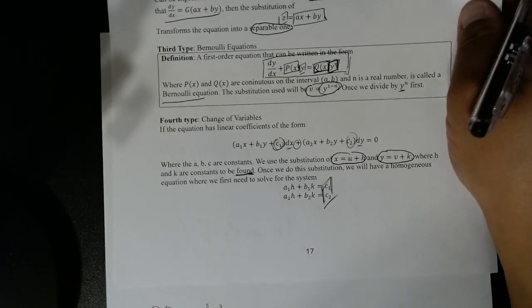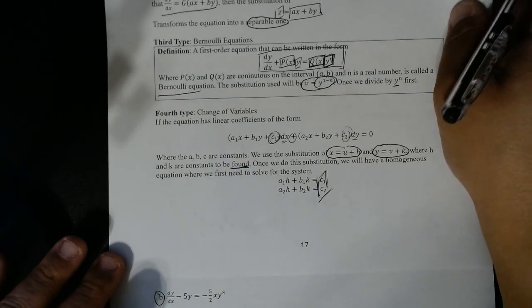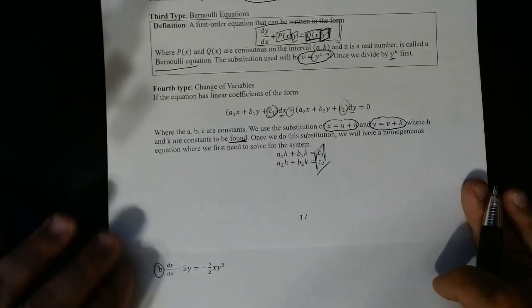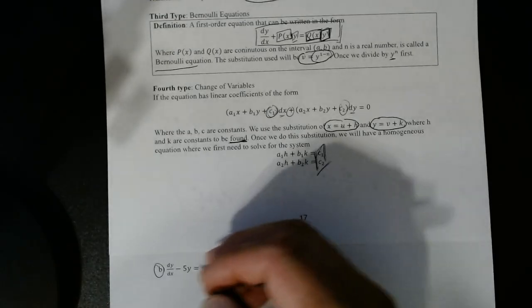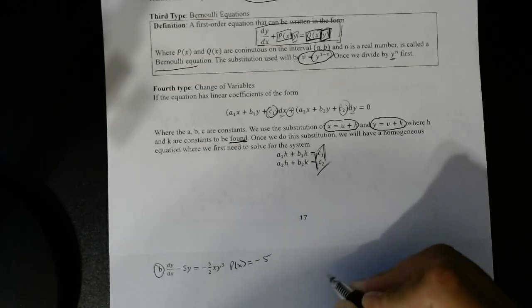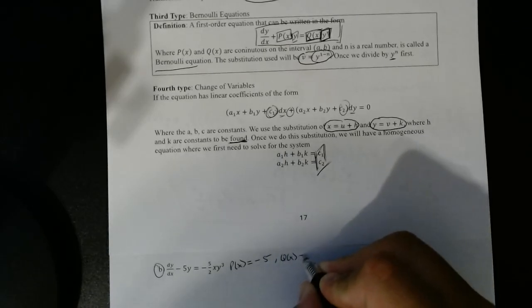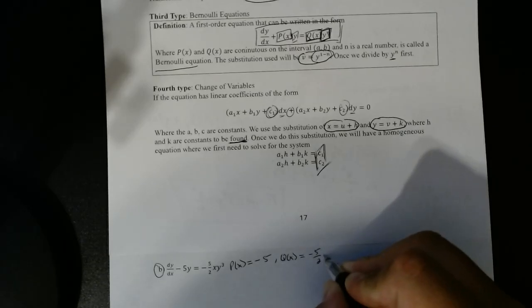So this is a Bernoulli situation. So let's just label what we know so far. So we know that p of x is equal to negative 5. We also know that q of x is going to be negative 5 halves x.